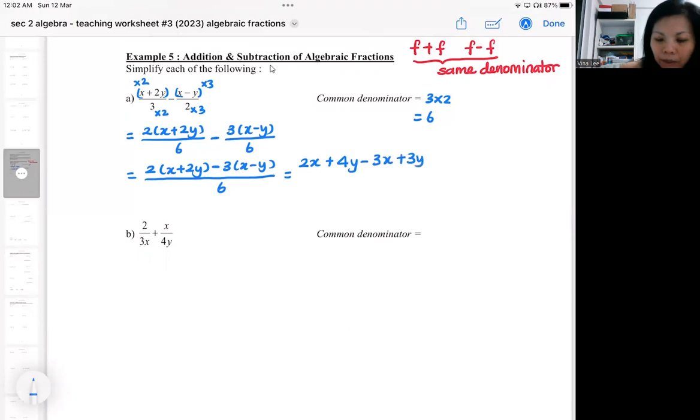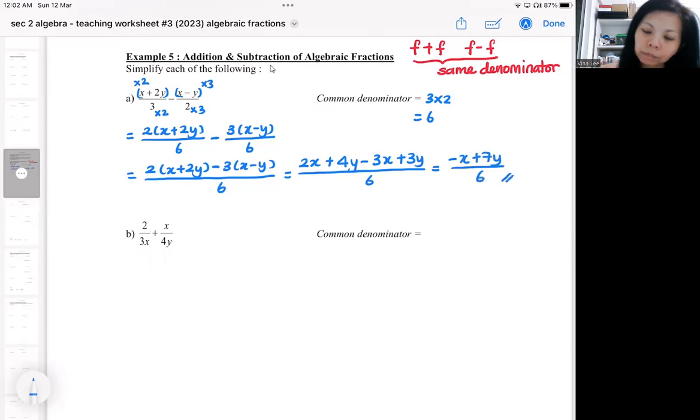But if you are the kind who always makes sign errors in fractions, I suggest you expand the numerator only after you get a single fraction. So after that, you will get minus x minus 7 plus 7y over 6.